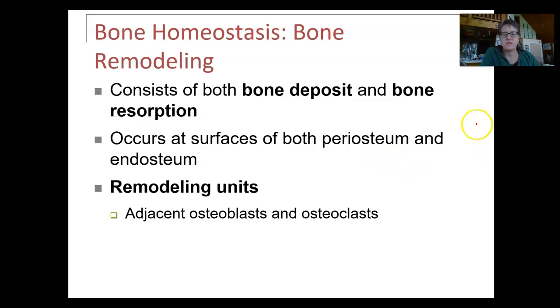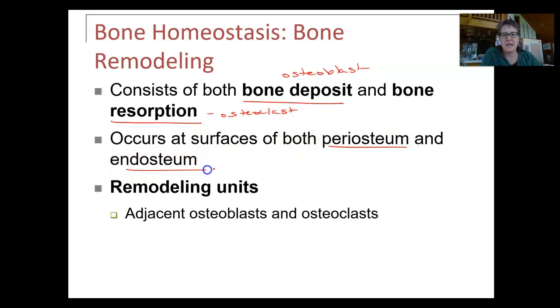And it is all due to, so bone deposit, osteoblast. Bone resorption, breaking bone down, osteoclast. Because these guys are hanging out at the periosteum and the endosteum, right? Those are where osteoblasts and osteoclasts hang out.